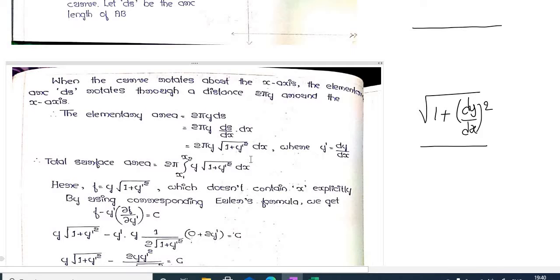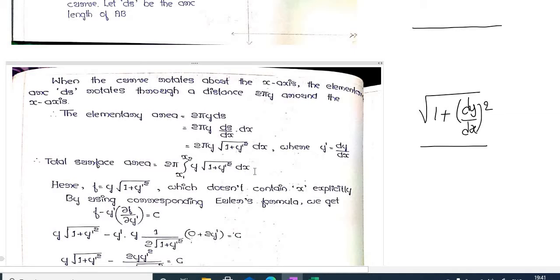So, now we need the total surface area. How do we get total surface area? Integrate this elementary area. 2 pi is constant. Y into root of 1 plus y dash square dx, with x limits from x1 to x2.